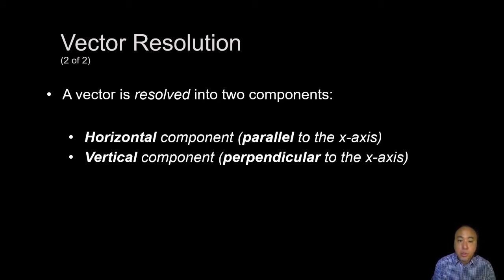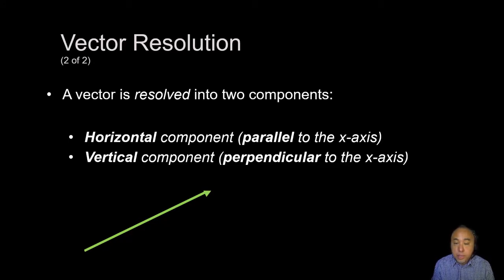A vector can be resolved into individual horizontal and vertical components, where the horizontal component is parallel to the x-axis and the vertical component is parallel to the y-axis, or perpendicular to the x-axis here.